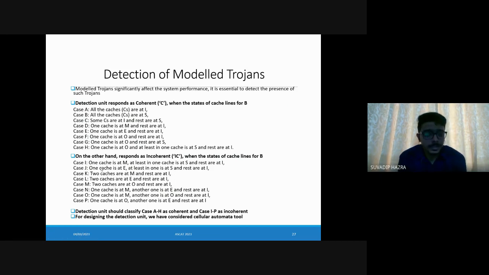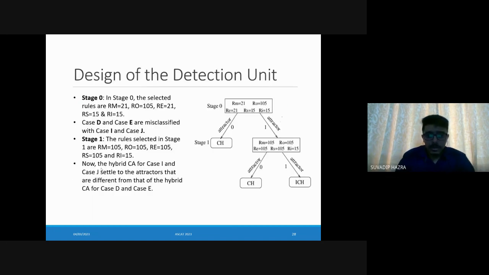For designing this detection unit, we have considered a cellular automata based tool. For an n-core system, we have considered an n plus 2 length CA. If the processor having the block is in M state, it is configured with rule 21. If the processor having the block is in O state, it is configured with rule 105.